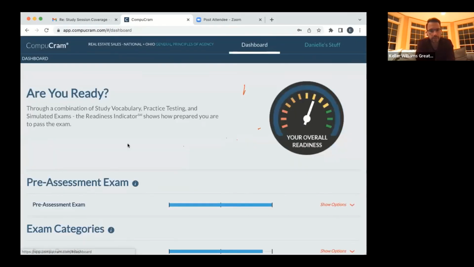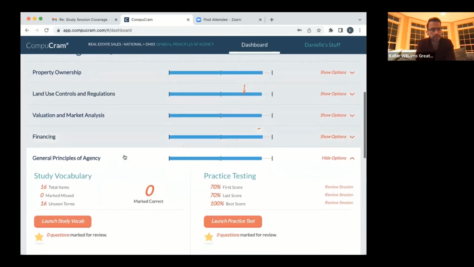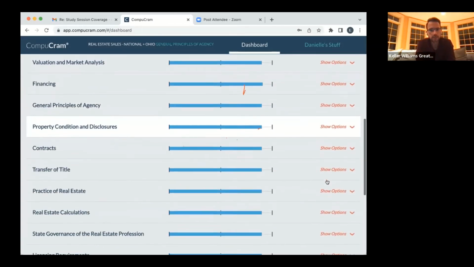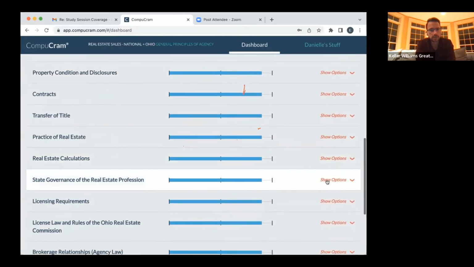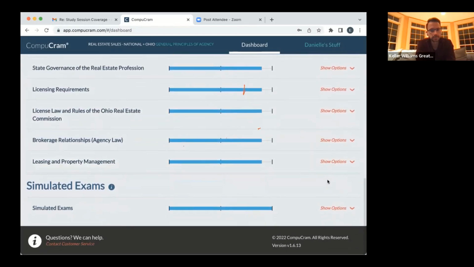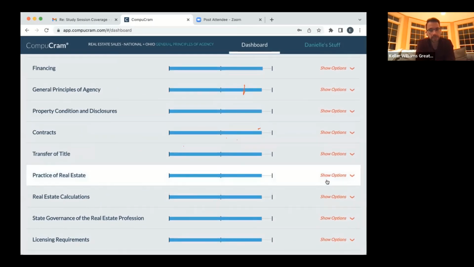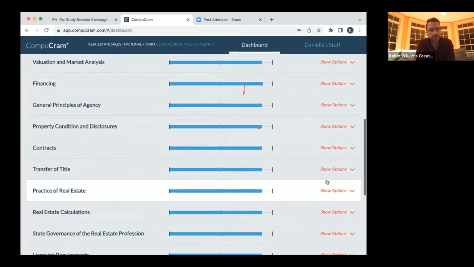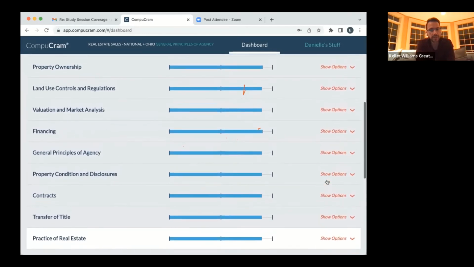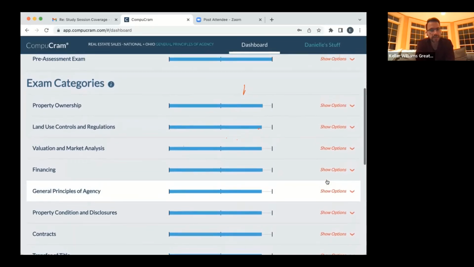All right, what's the next one we want to get into? Sorry, I'll scroll down so you guys can see more. Title of transfer, practice of real estate calculations, contracts, property condition disclosures, general principles of agency, financing.